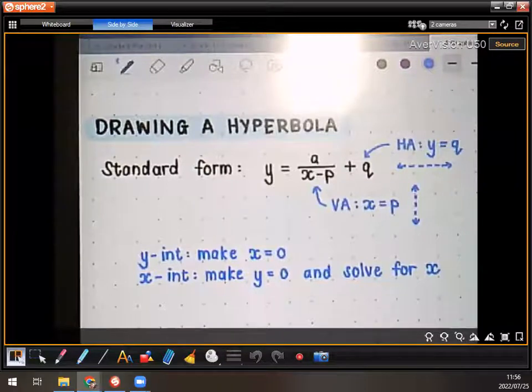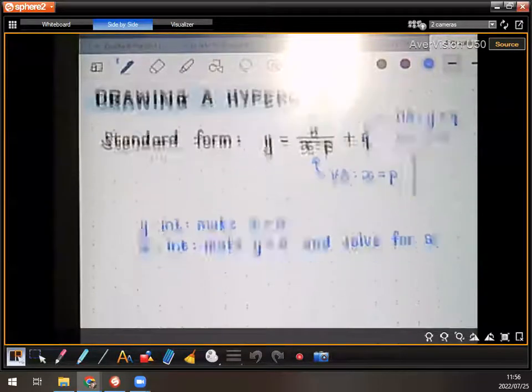Now guys, do you remember that a hyperbola consists of 2 parts? We need 1 point on each part. Sometimes it's going to work out nicely. Sometimes your y-intercept is going to be on the 1 part and your x-intercept on the other part. That's fine. But if both of these points are on the same part, you're going to have to sub in an x value to get a point on the other part. So we'll look at that with an example. Not that bad.